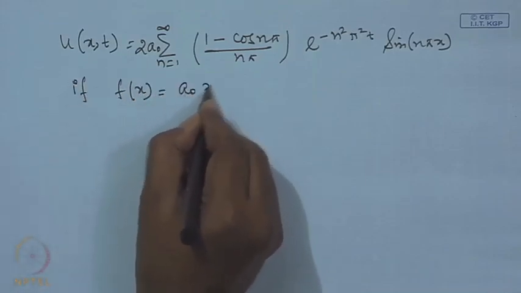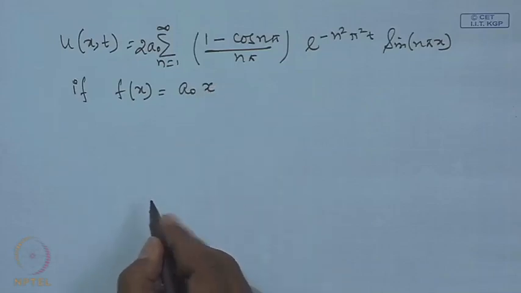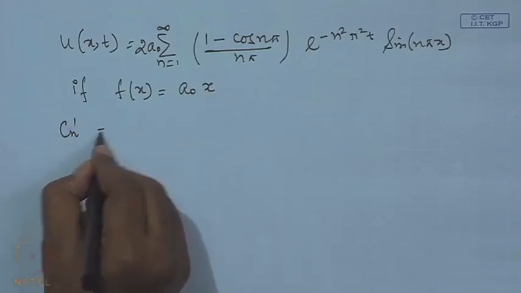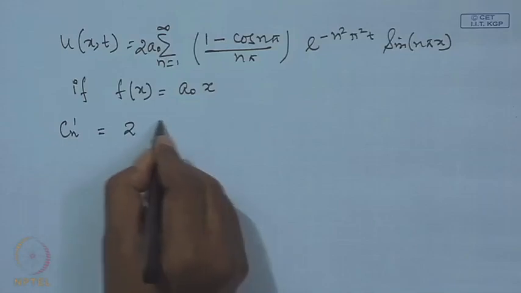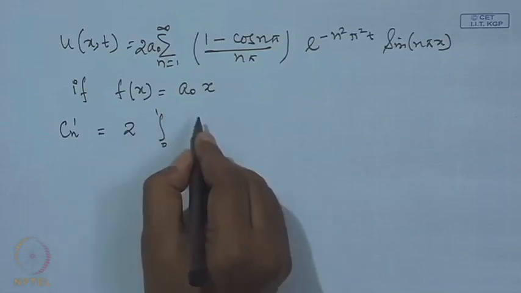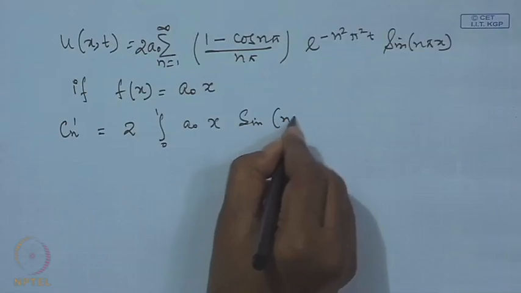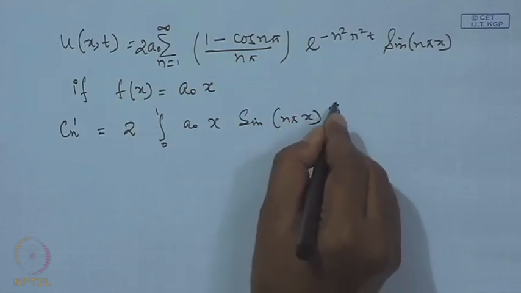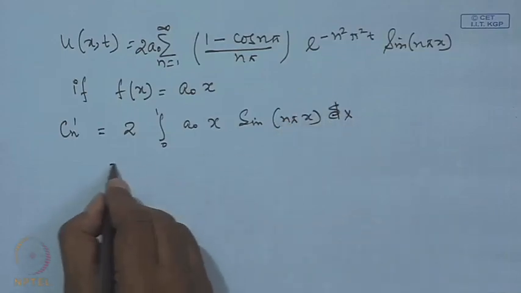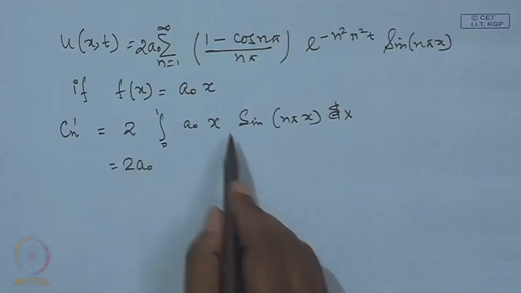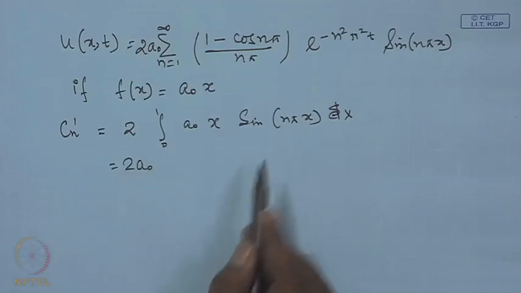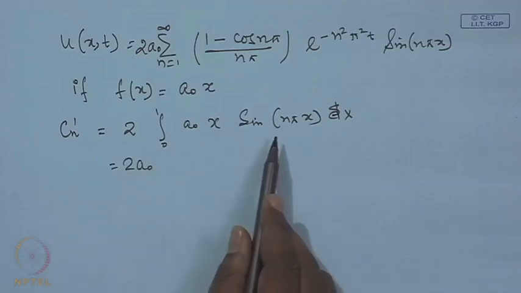Now, if f x is a known function of x, let us say f x is nothing but a linear function a 0 x, how will we evaluate this C n prime? C n prime is 2 times the integral from 0 to 1 of f of x sin n pi x dx. So, it will be a 0 x sin n pi x dx. Therefore, 2 a 0 will be taken out and this will be x sin n pi x dx. So, we carry out this integration by parts.